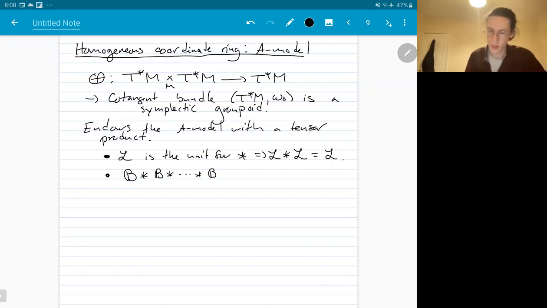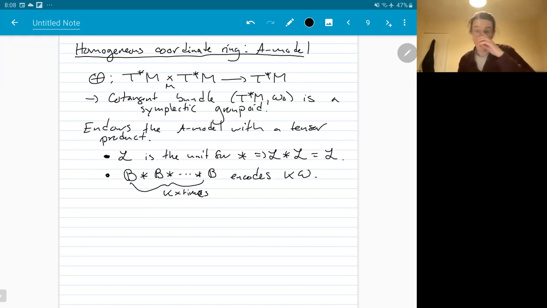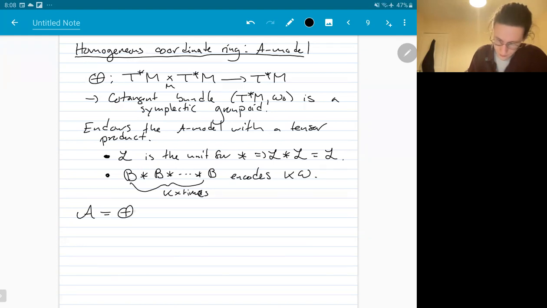You can keep tensoring it however many times you want. So this will encode the rescalings of omega. Okay, so what that means is that the algebra is going to be given by the direct sum of the spaces of homomorphisms in the A model from L to all the higher tensor powers of B.